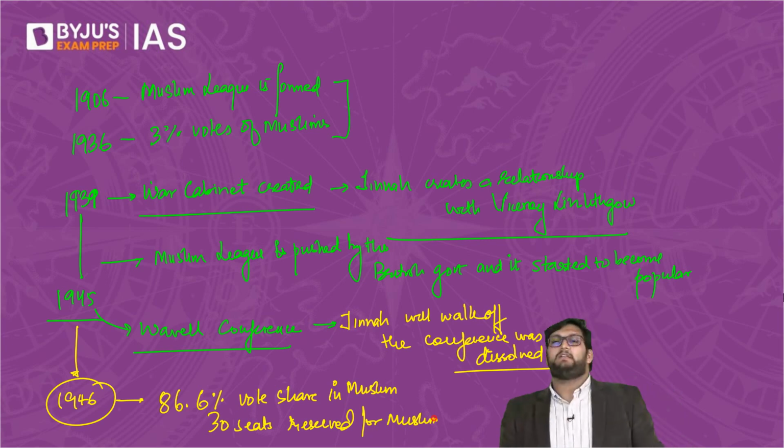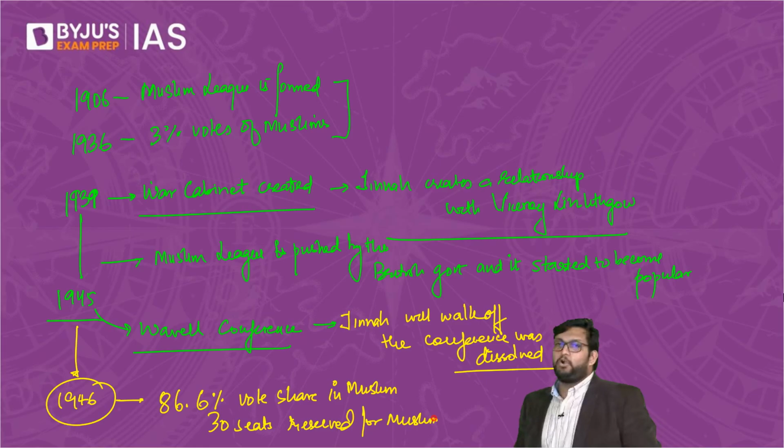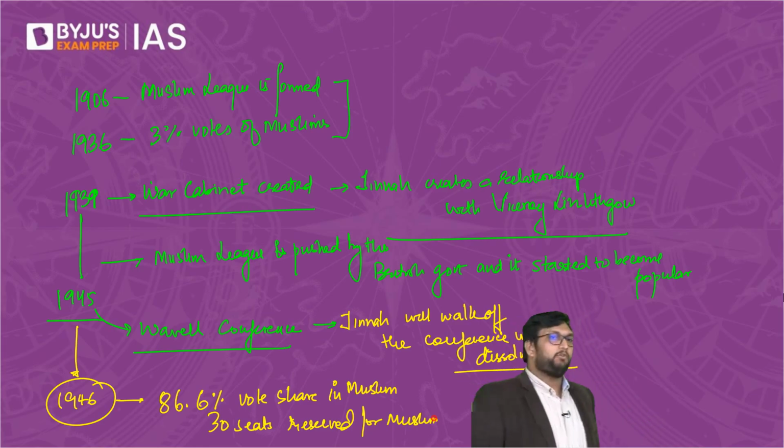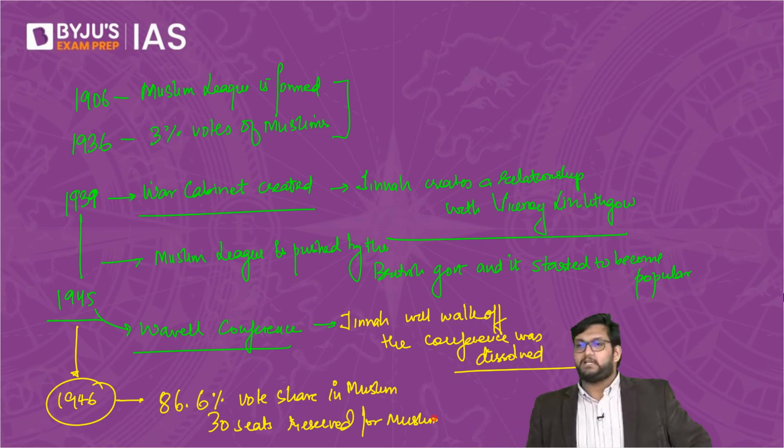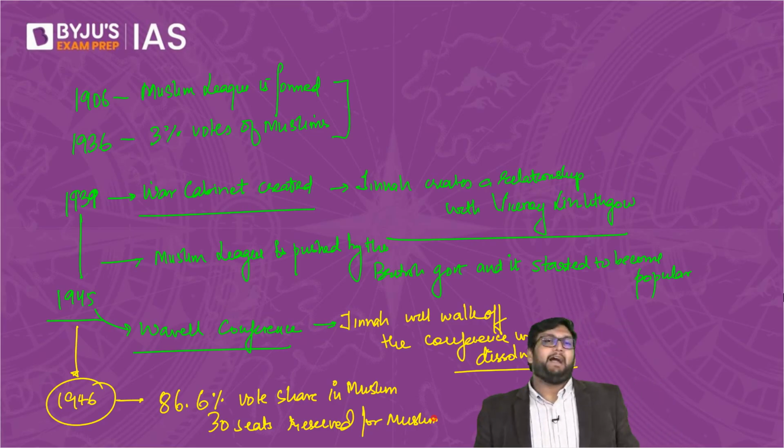And that is why when in 1946, Jinnah started to do drama, I will not join the interim government, I will not do this, I will not do that, Nehru actually wrote a letter to Attlee that Jinnah is doing too much drama, and now I don't have the time or the patience to deal with this person. So you tell me, when do you give me independence?